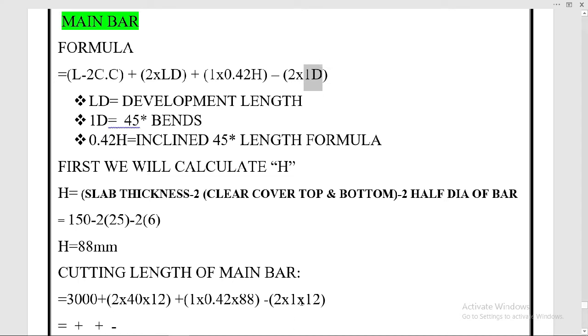This is the bend length formula. So here we have two 45 degree bends in one bend length. So that's why we multiply with the 2, 1D for the formula of 45 degree bend.